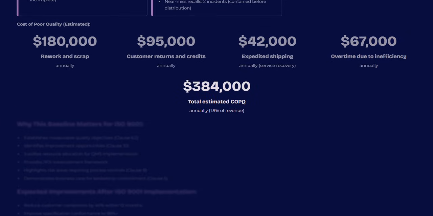The total estimated cost of poor quality is $384,000 annually, which is 1.9% of revenue. A lot of money because of poor quality.